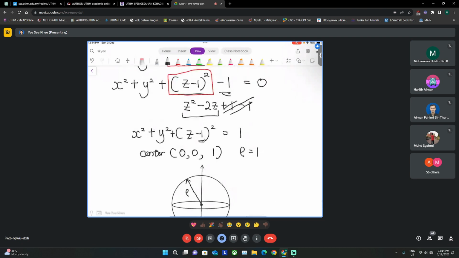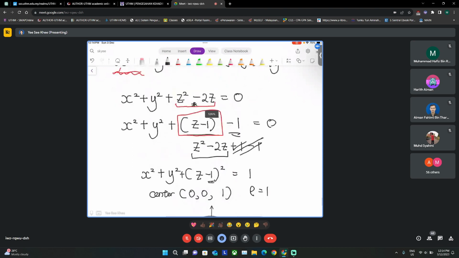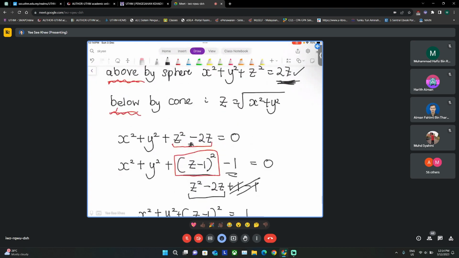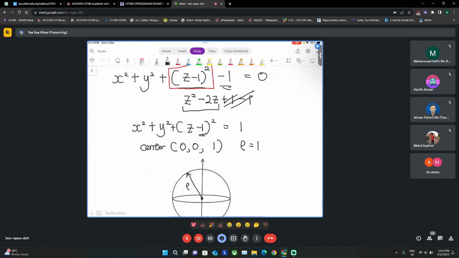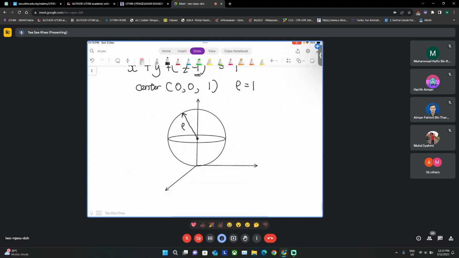Next, we have one more term, right? Above is covered by the sphere, below by the cone. So we draw the cone like usual. You can just draw the cone like this.